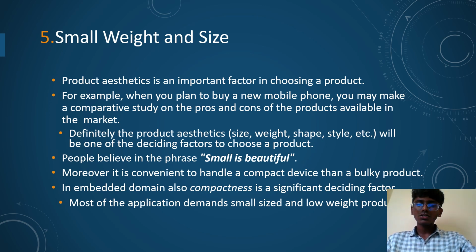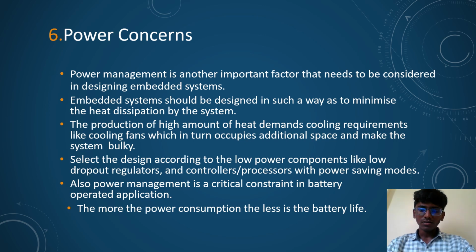And then, moving to the next topic, power concerns. Power management is another important factor that needs to be considered in designing embedded systems. An embedded system should be designed in such a way as to minimize the heat dissipation by the system. The production of a high amount of heat demands cooling, like cooling fans, which in turn occupy additional space and make the system bulky.